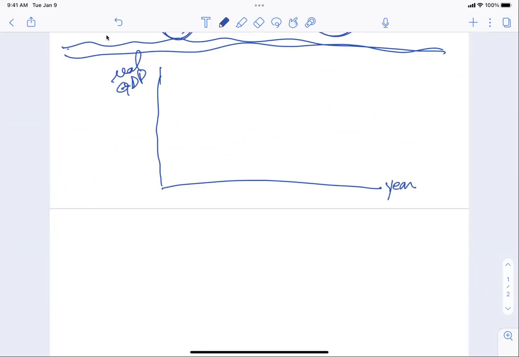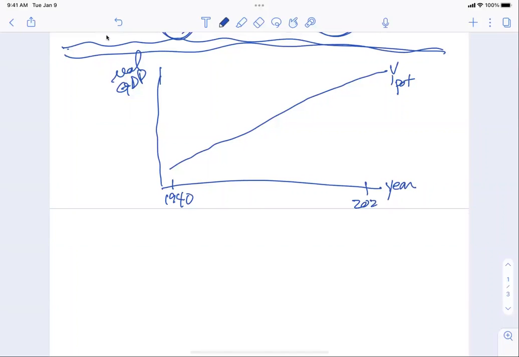Back in chapter 3 and chapter 6, we were talking about the long run growth of the economy. So this is potential GDP. Let's say this is 1940 and let's say this is 2022.